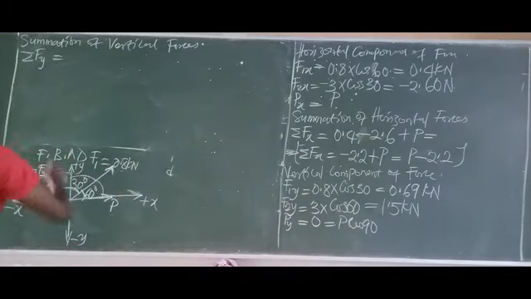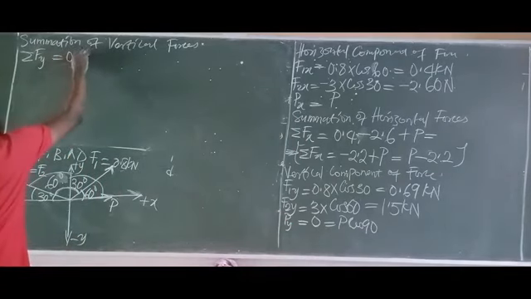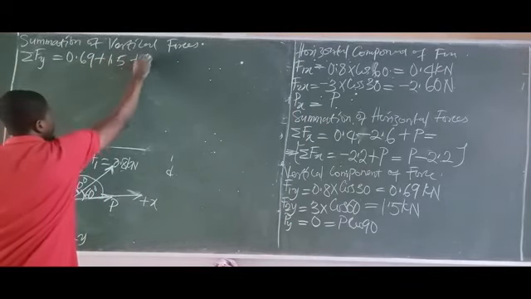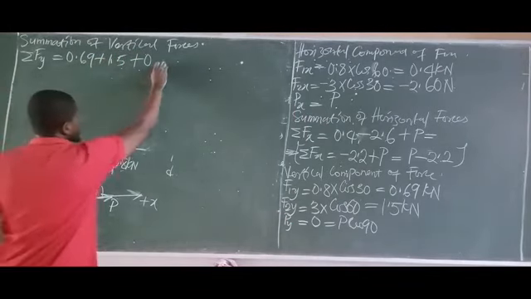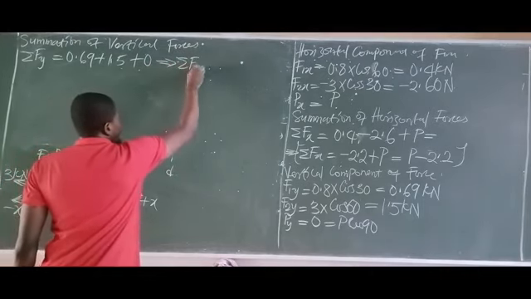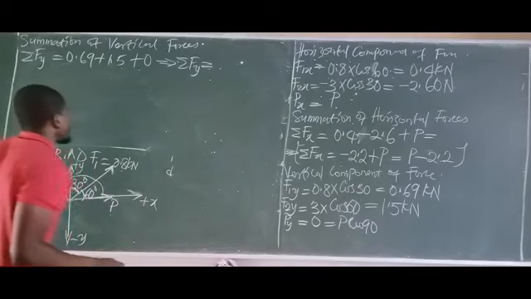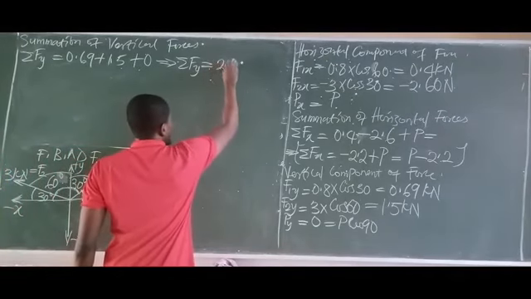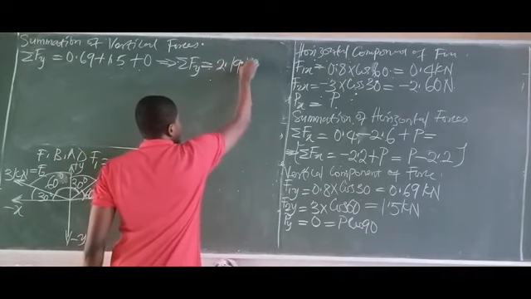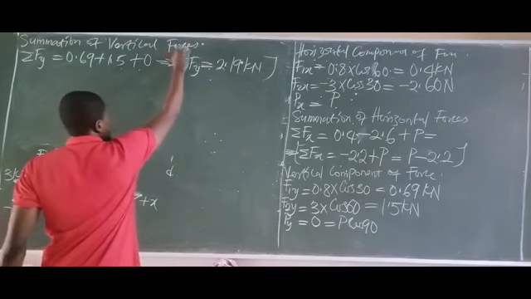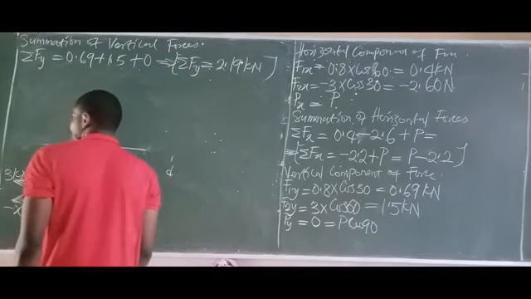So simply 0.69 plus 1.5 plus 0. So you add all of this together, you have summation f of y to be equal to, let's add them all up. We have 2.19 kilonewtons for summation of force in the y direction.